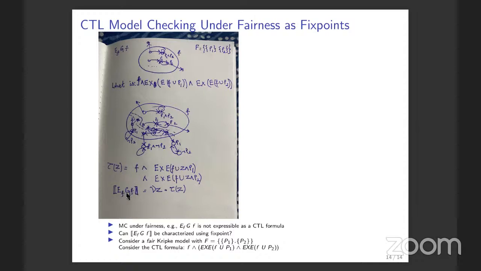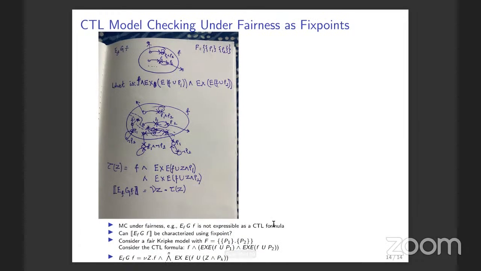Therefore, EG of F under fairness can be defined as the greatest fixed point of a tau, where tau itself is expressed in this fashion as a conjunction of these two things.